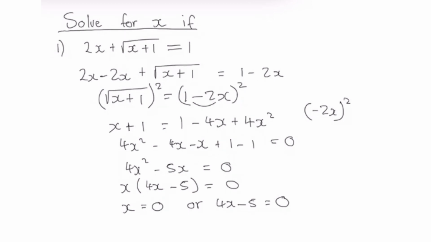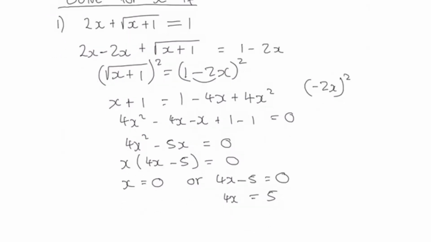From this one, we write 4x equals positive 5. Take this negative 5 to the other side, then divide both sides by 4, so 4 cancels this 4, and you get x equals 5 over 4 as the other option.